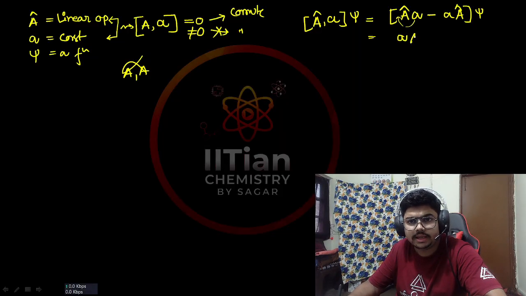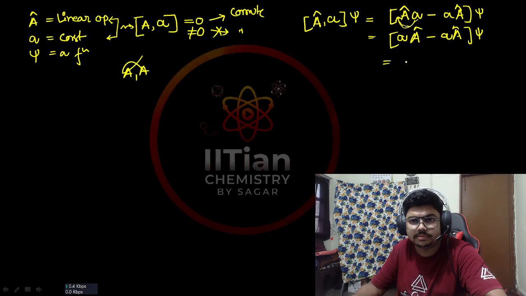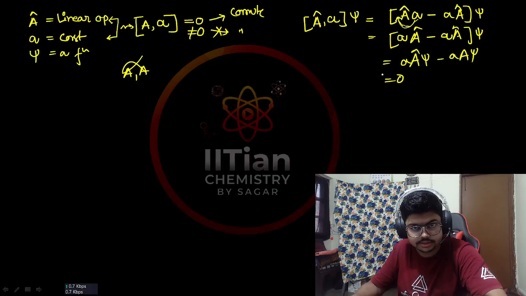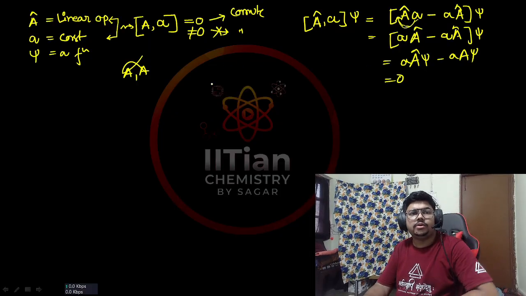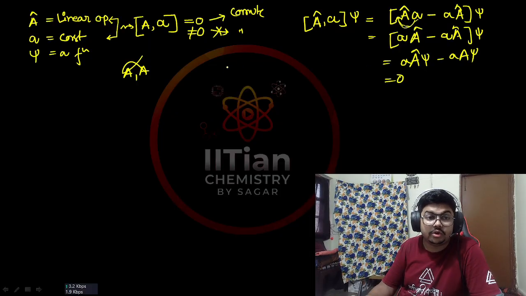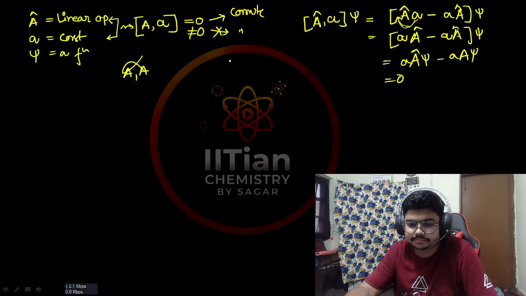So small a A minus a A. This property is due to the definition of a linear operator. That is basically a A psi minus a A psi, which is basically 0. That means a linear operator will always commute with a constant.